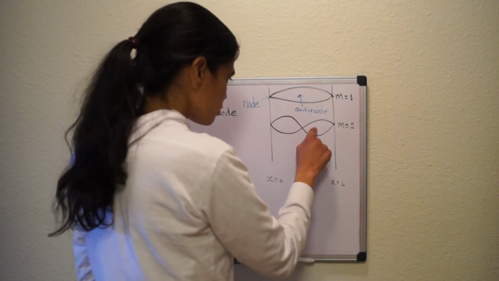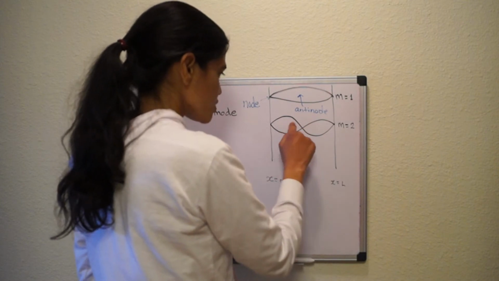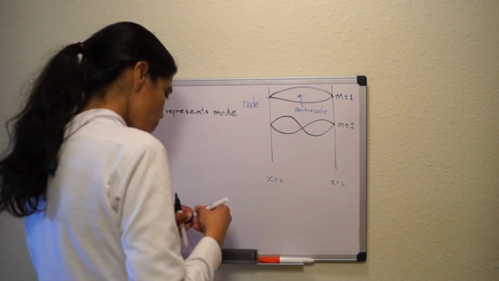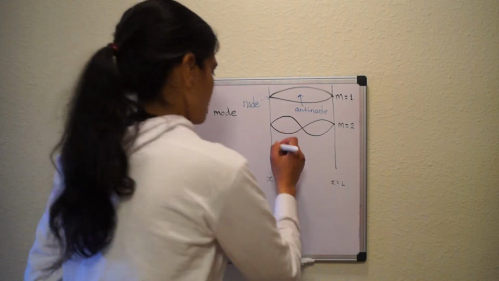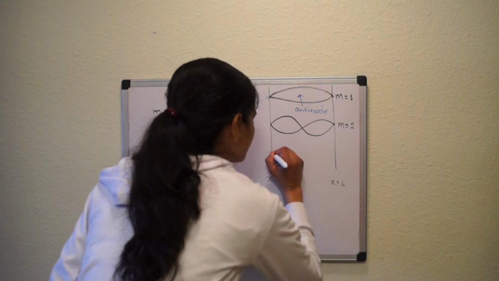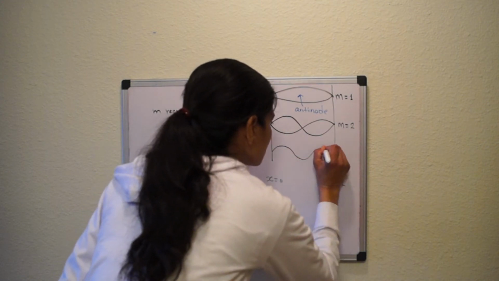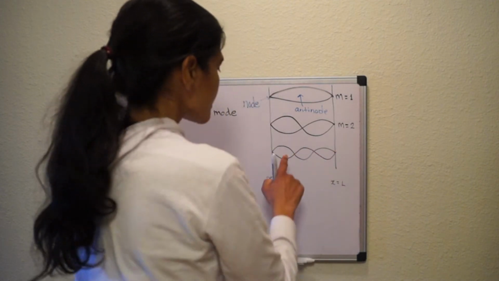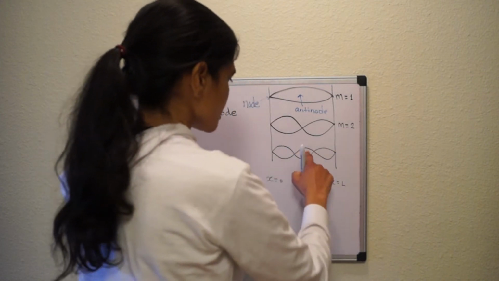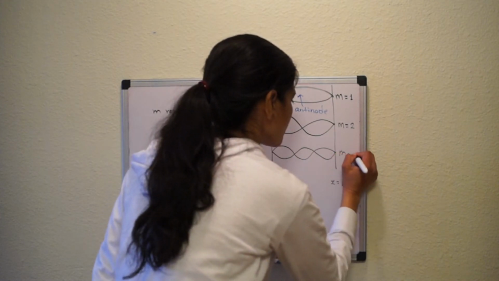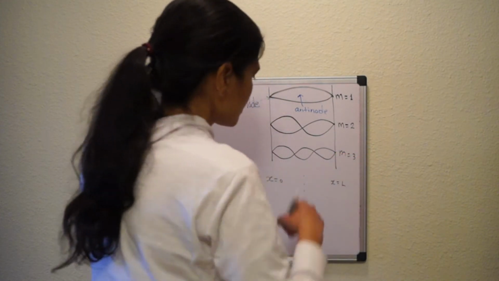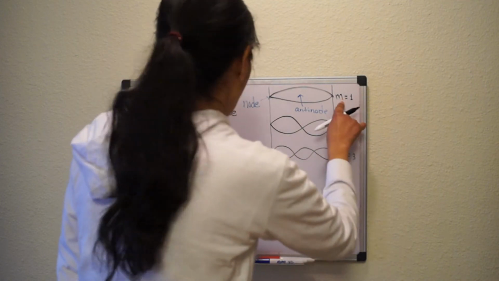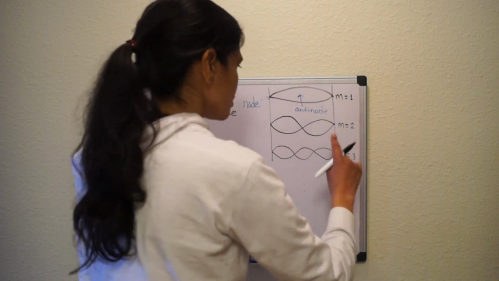We have two spaces here, the antinodes, so m equal to 2. And then it's also possible here to have three of these spaces, so m equal to 3, and so on, and so forth.